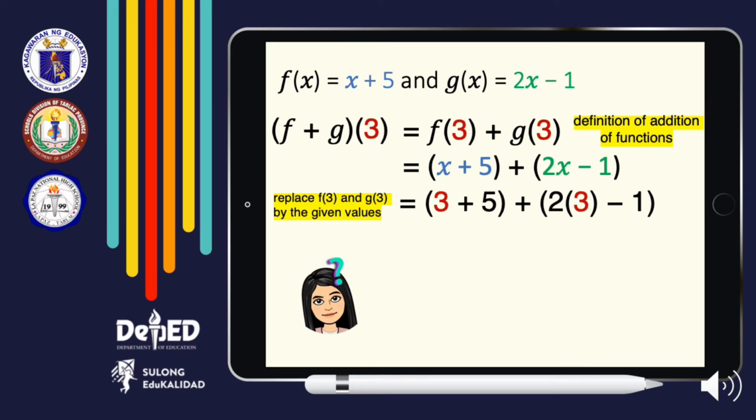So our given value is 3, meaning to say, we have to substitute 3 to all the x's of the functions. Now, let's perform the operations. So we have 3 + 5 is equal to 8, plus 2 times 3 is 6, minus 1 is 5. Lastly, we have to add. So 8 + 5 is 13.